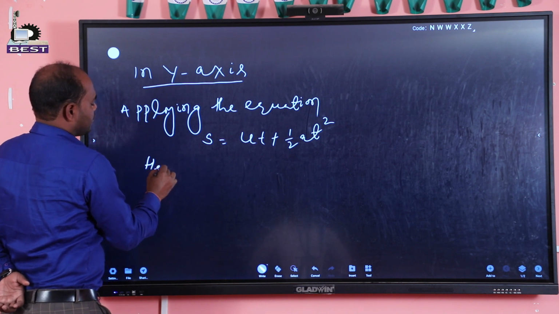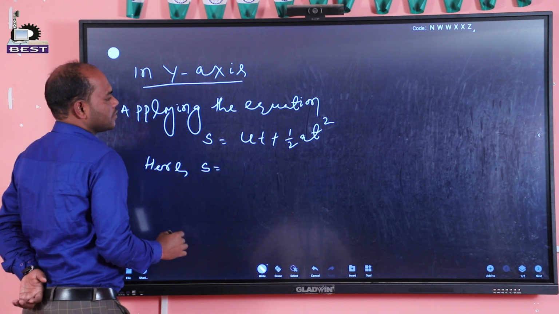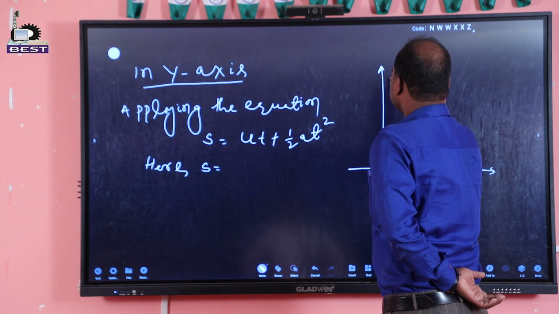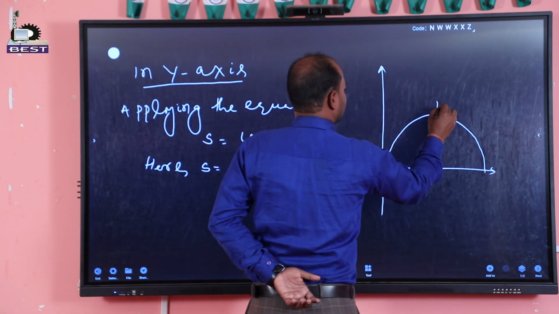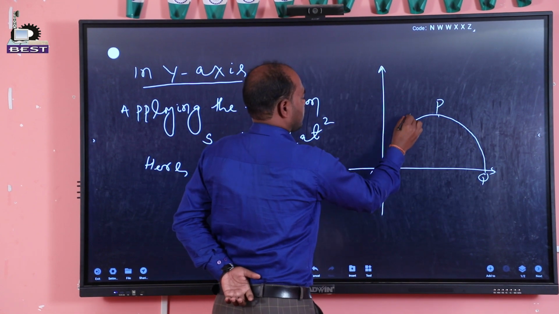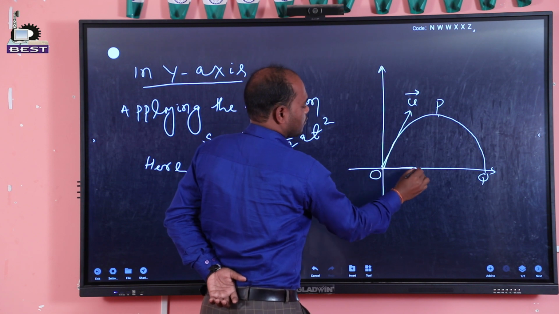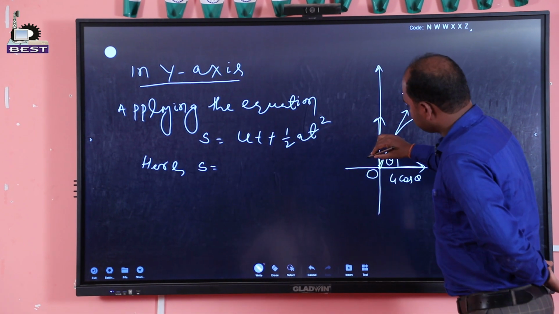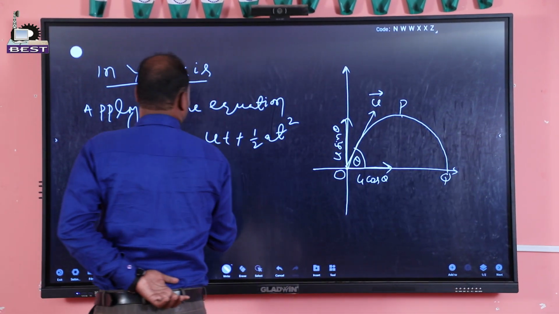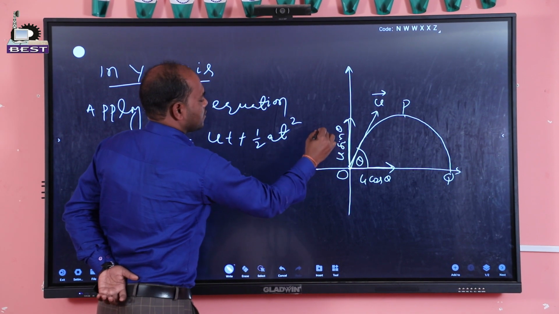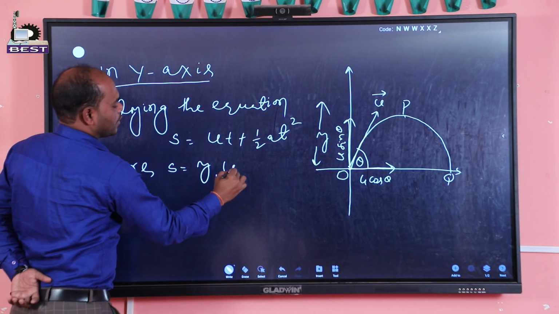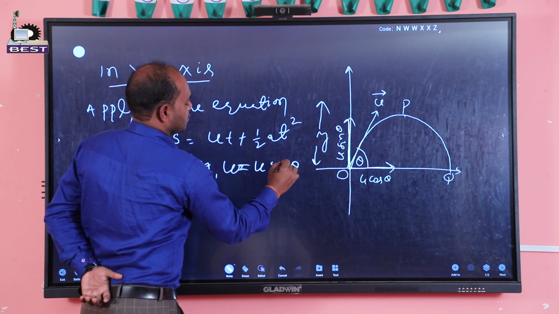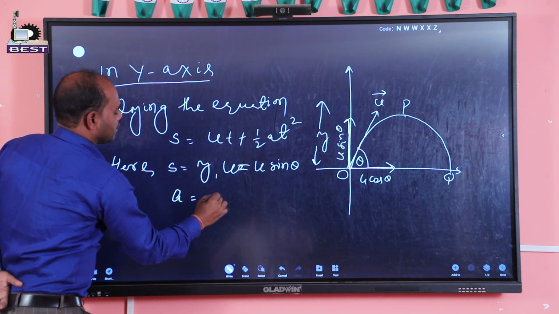Here s is the displacement in the y-axis, vertical direction, that is y, so s equal to y, and u in the y-axis is u sin theta, and a equal to minus g.